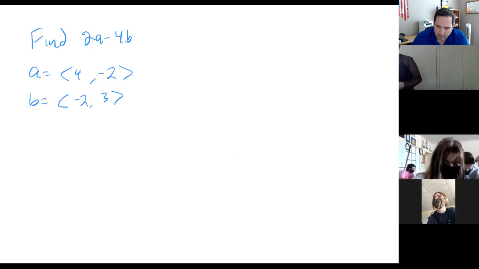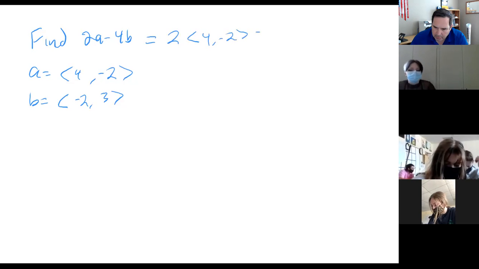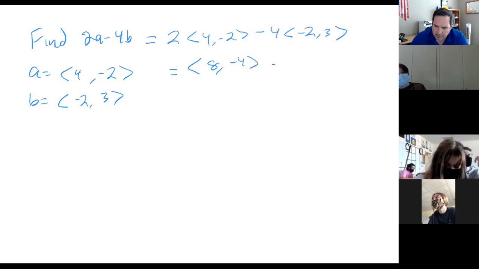Yes, it is. When we do a problem like this, it's probably a lot easier than you think. It's going to be 2 times the vector A, which is 4, -2, minus 4 times the vector B, which is -2, 3. So 2 times 4 is 8, 2 times -2 is -4, minus 4 times -2 is -8, 4 times 3 is 12.